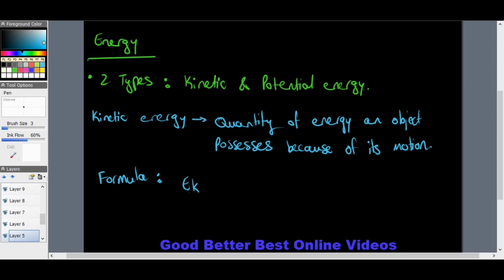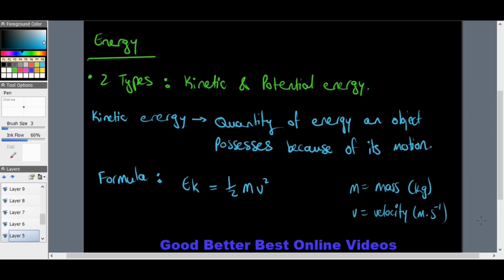I know it's kind of written back to front, but EK is equal to half mv squared, where m is equal to the mass of the object in kilograms, and v is equal to the object's velocity, which we know from the equations of motion is in meters per second. So half the object's mass times its velocity squared will give you the object's kinetic energy.